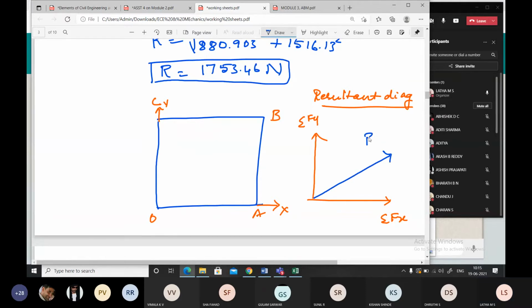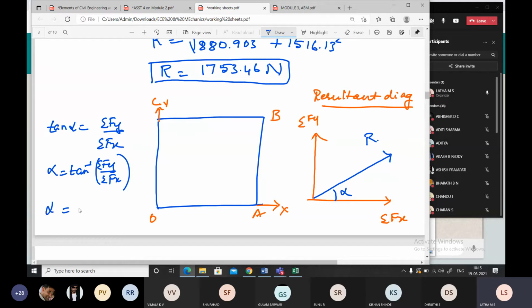First quadrant, ma'am. Therefore, what is alpha? Tan alpha is equal to Fy by Fx. Alpha is equal to tan inverse of sigma Fy by sigma Fx.